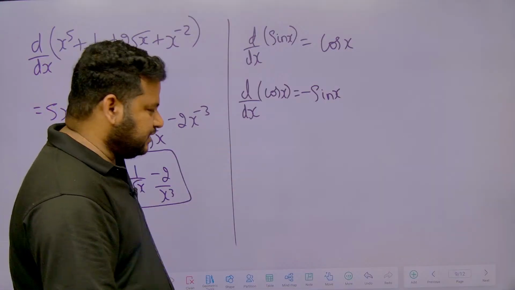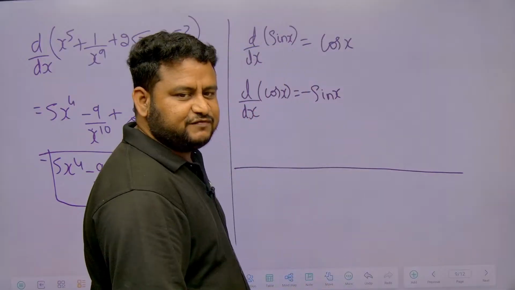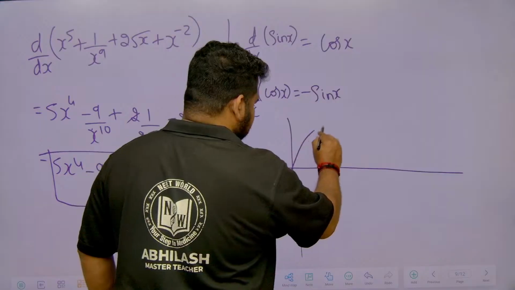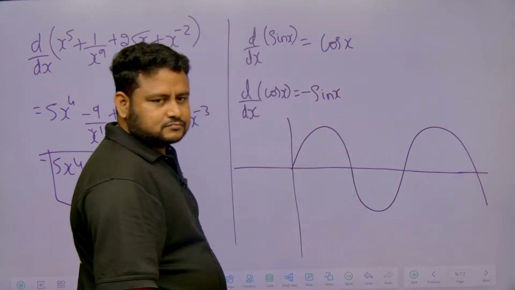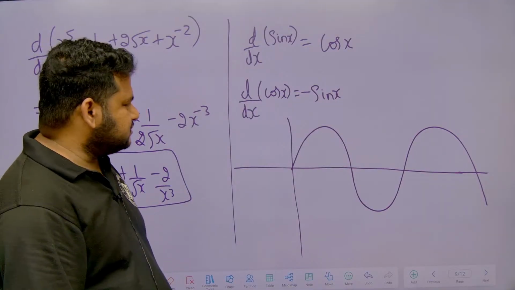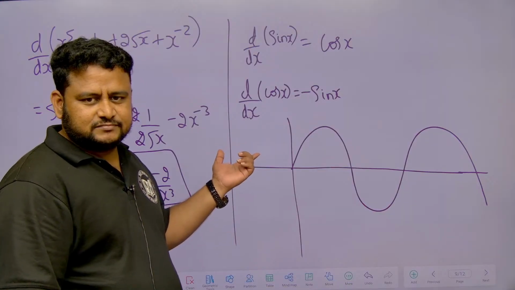See here, if you draw the sin x graph, it will go like this. I told you differentiation is the slope of the tangent.